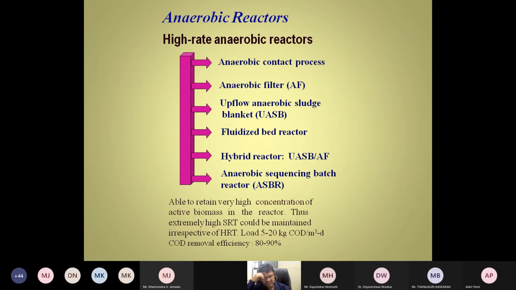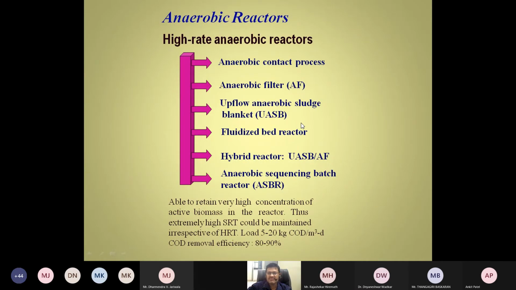Do you know what is the formula of one bacteria? Anyone knows the chemical formula of bacteria? That is C5H7NO2.